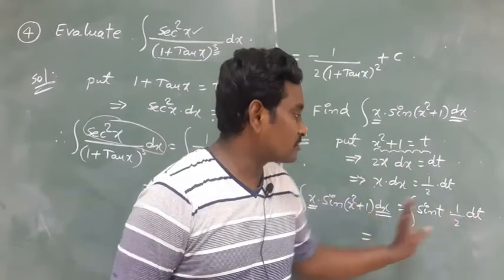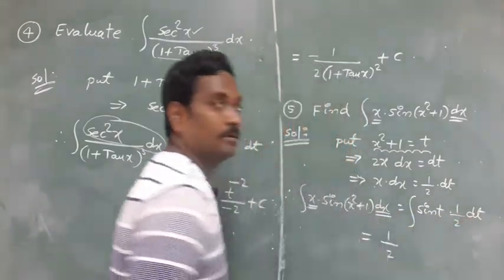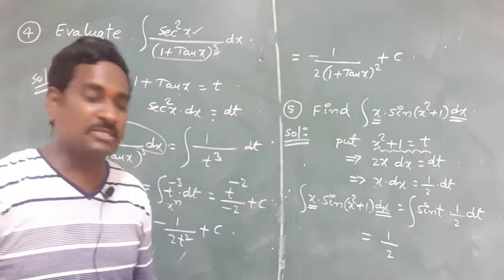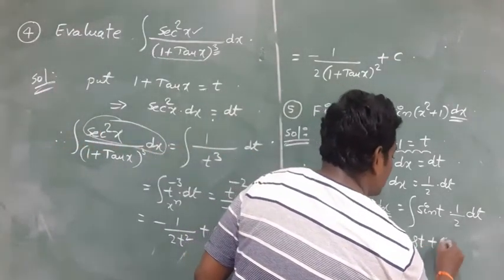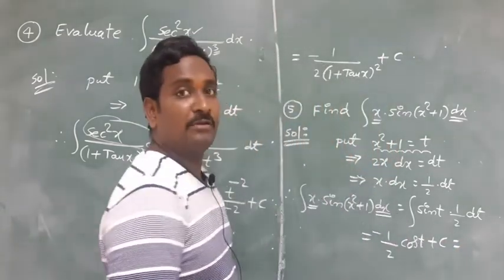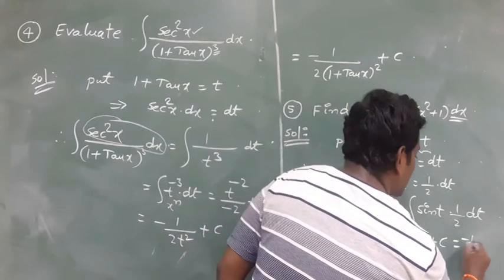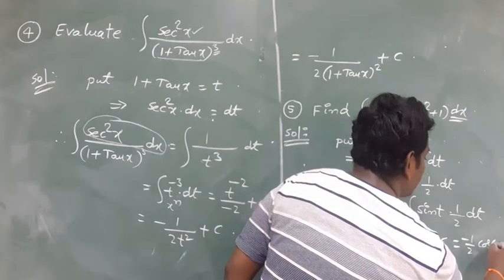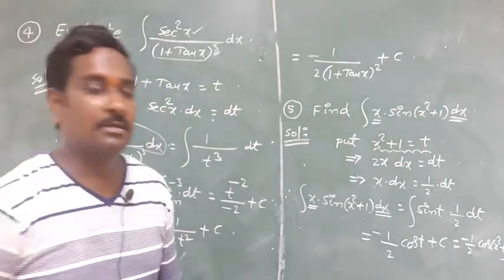Please write 1 by 2 outside. 1 by 2 into the remaining part, sin t dt. What is the integral of sin t? Minus cos t. So you will get minus cos t plus c. Finally replace the value of t, which gives minus half into cos of x square plus 1, plus c.